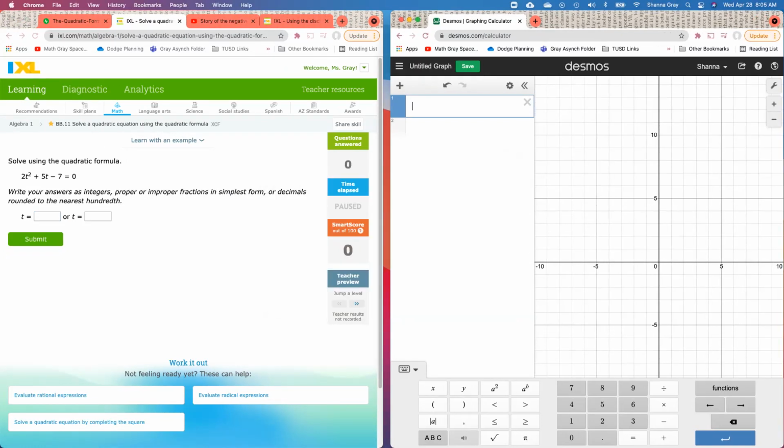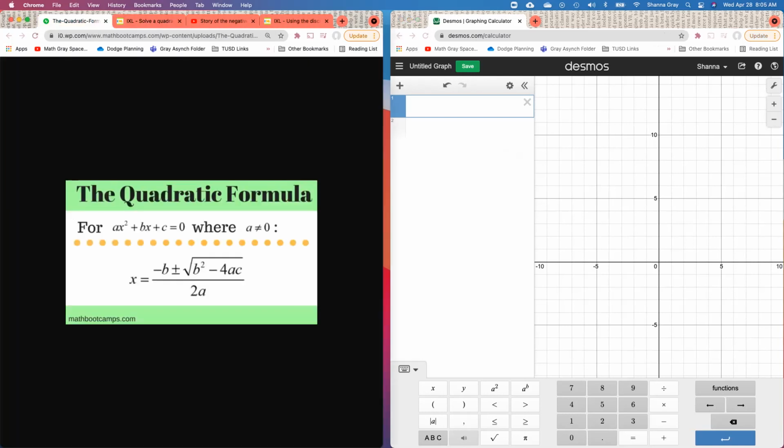All right, so basically, if I build the quadratic formula in here, Desmos is awesome because you can put variables in. So I'm going to put in negative b plus. So I'm going to do plus this time, but I'll show you in a minute how I'll change that.